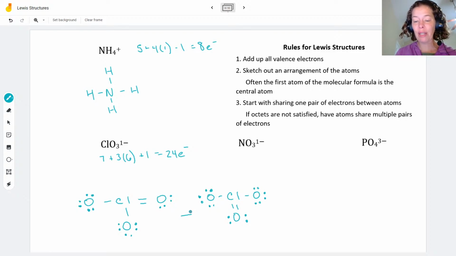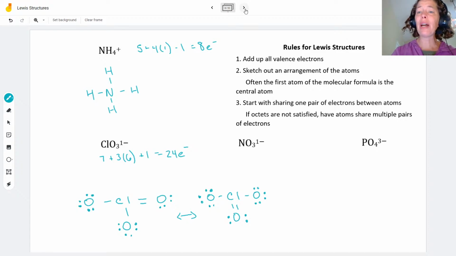These are called resonance structures, and you often draw the double-headed arrow between resonance structures. So again, kind of like we saw previously, you can have more than one valid Lewis structure. You need to make sure you use all of your valence electrons, and you need to make sure everybody has a satisfied octet. Now, depending on your class, you might have to bring formal charges into effect, but usually at the Gen Chem level, those are the only things you are looking for. So again, you might have more than one valid Lewis structure.